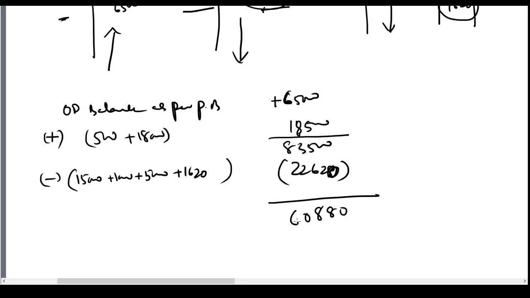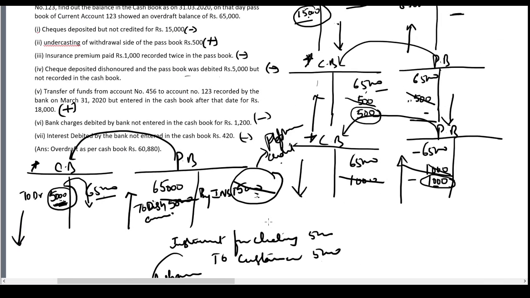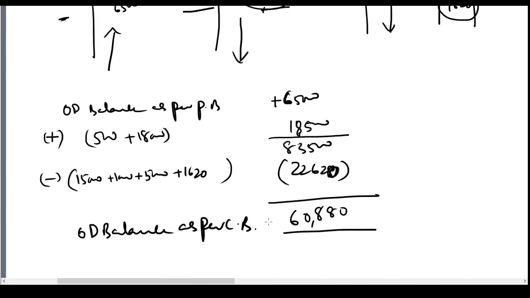And 8 minus 2 is 6. So this is the overdraft balance as per cash book. So the overdraft balance as per cash book has come to 60,880 rupees.